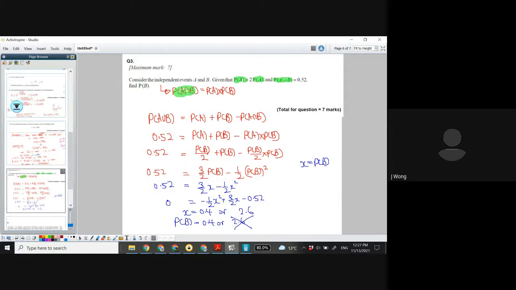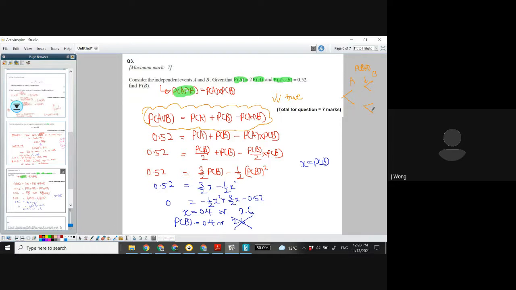Again, just a general reminder. This formula here is true for every case. It's true for any question that you could possibly imagine, really. Even in a tree diagram, this is true when this is event A and this is event B, where this probability here is probability of B given A. But generally speaking, when you find a probability of B, if you toss it into this formula, it still works.